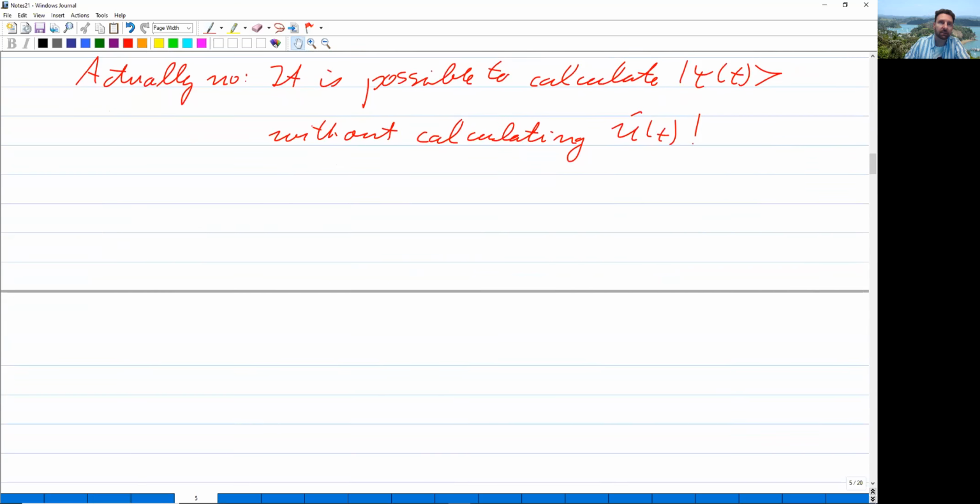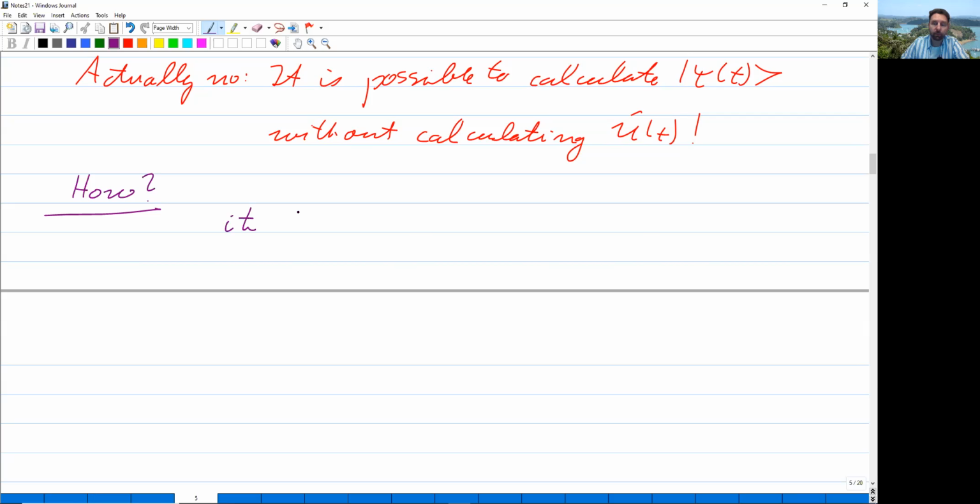Well, let's do the calculation. Let us start with the defining equation for the time evolution operator. So we have i h bar d by dt u hat of t equal to u hat of t h hat of t. This was the defining equation for the time evolution operator.